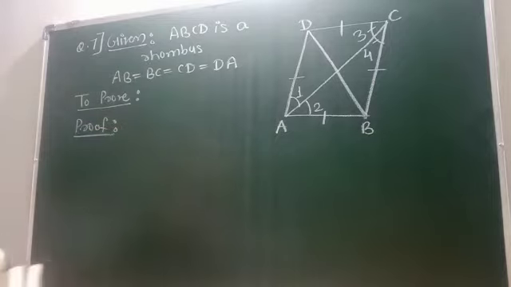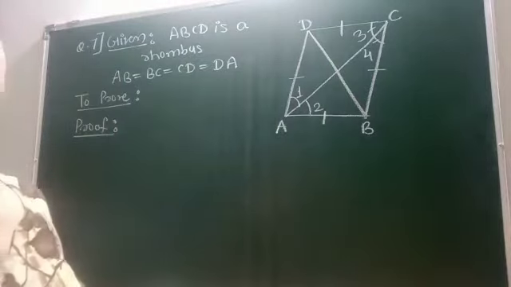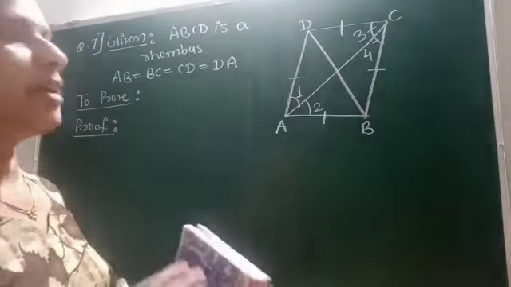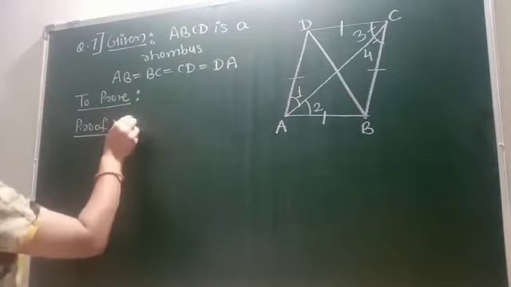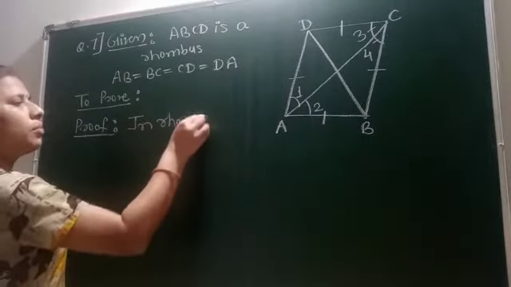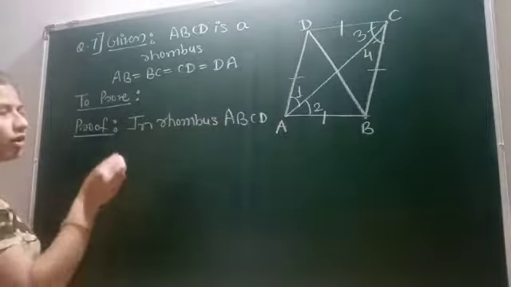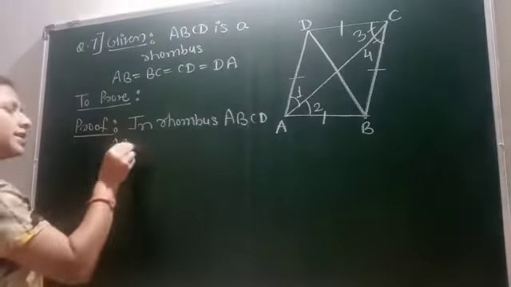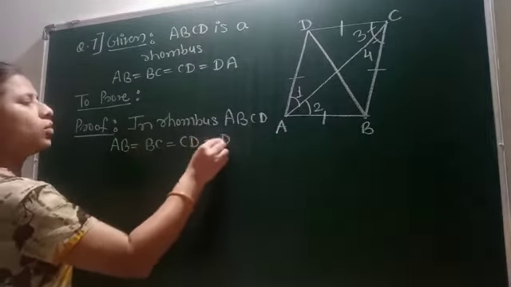Student, as it is given that ABCD is a rhombus, and a rhombus is a type of parallelogram, and in any parallelogram opposite sides are parallel. So how will we write? In rhombus ABCD, what we know, all sides are equal: AB equal, BC equal, CD equal, DA.